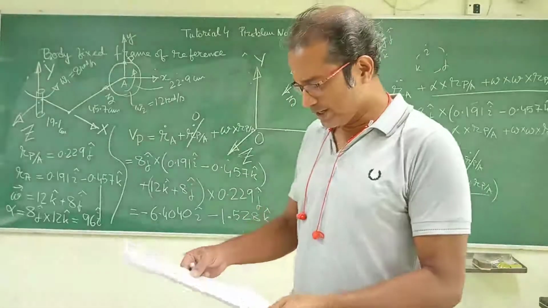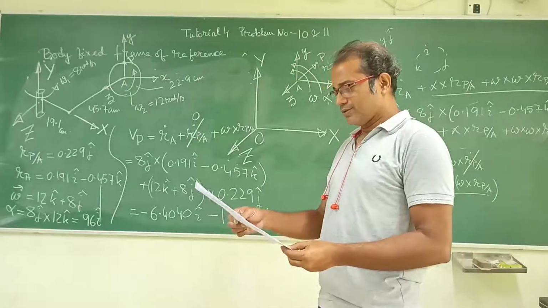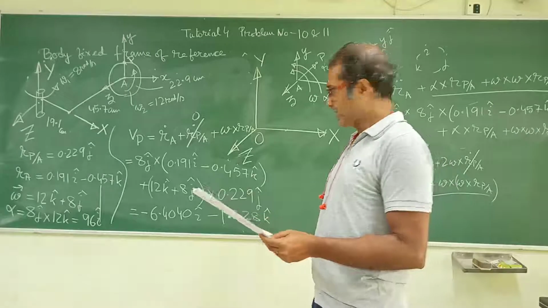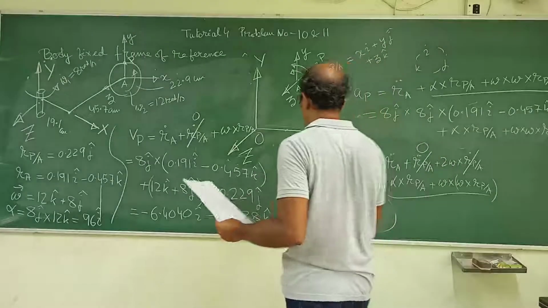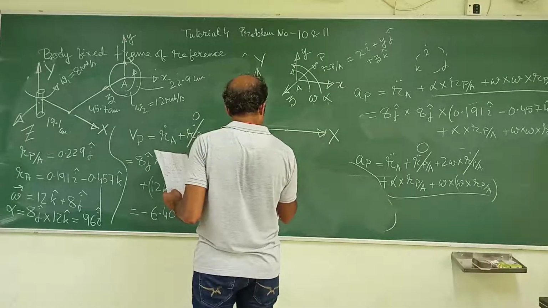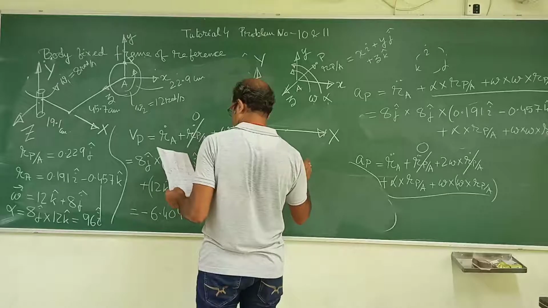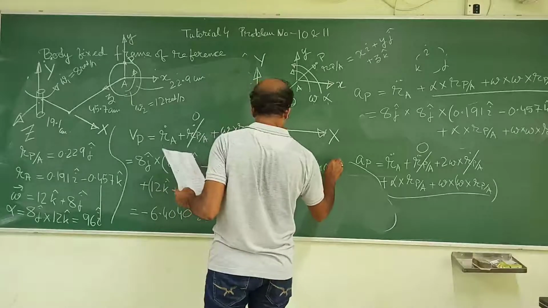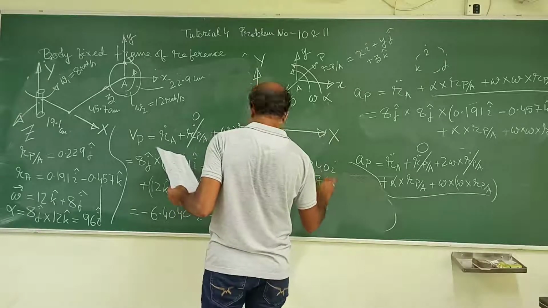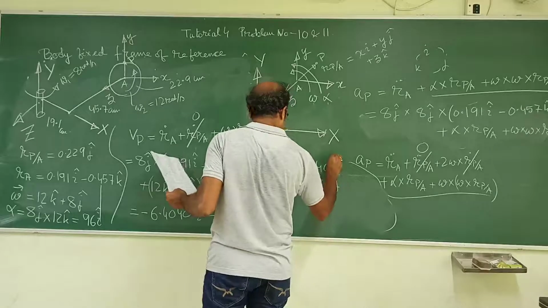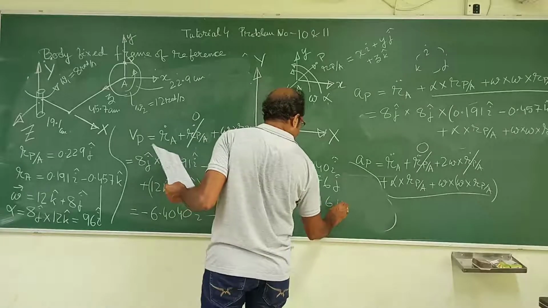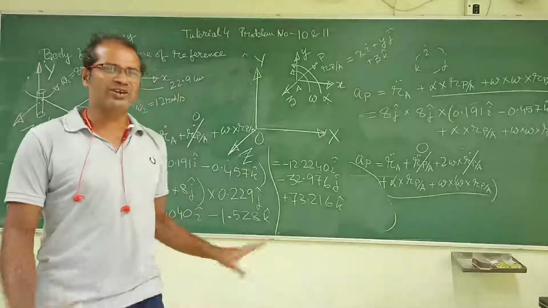Sure. So over here also, either a calculator or MATLAB has to be used. Let me tell you the result, whatever I have got. Please check whether you are getting it or not. It is going to be minus 12.2240 I minus 32.976 J and plus 73.216 J. These numerical values are not important.